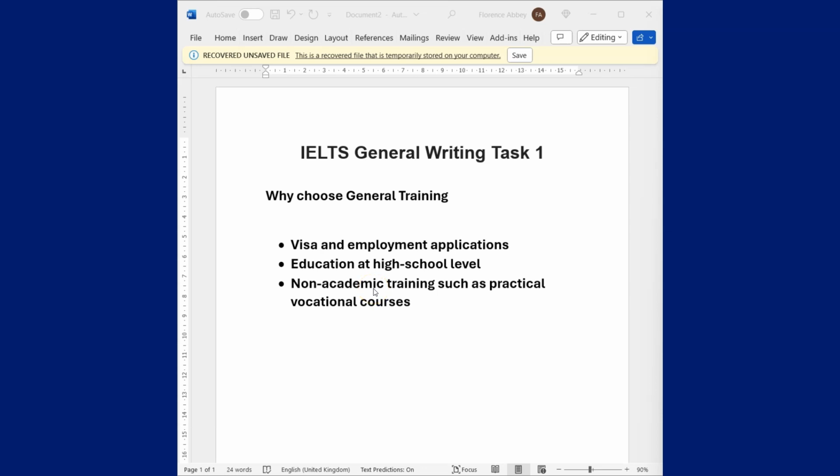Aside from that, if you are entering into a job that is mostly vocational, or you are going to take a practical vocational course, then you also have to write the general test. So the general test is basically for those who want to enter into non-professional work.